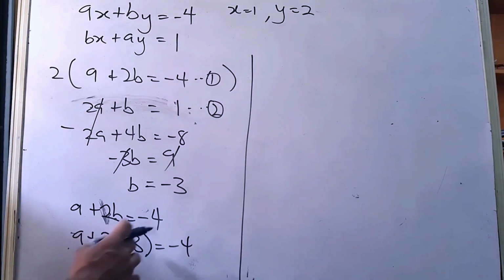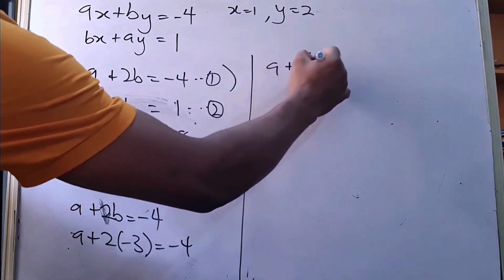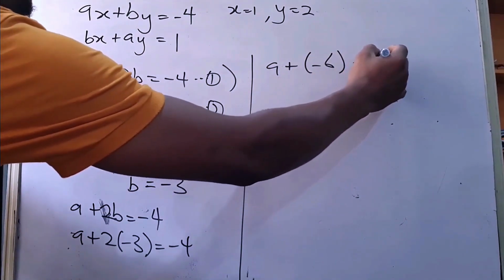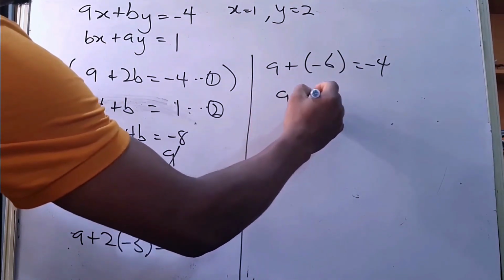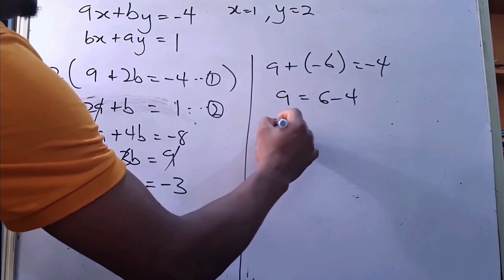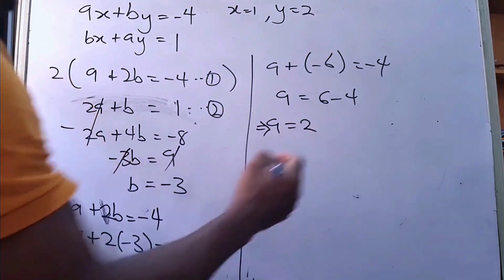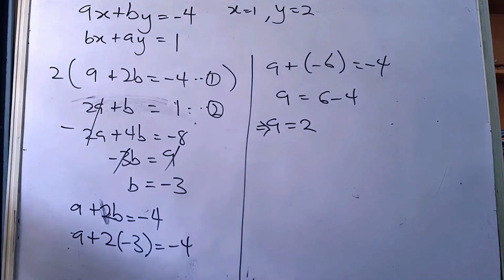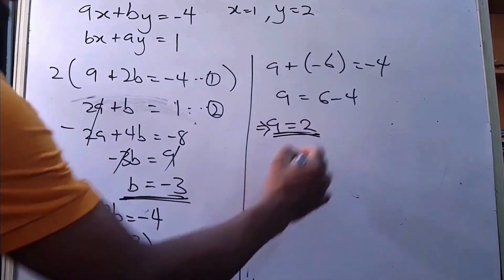It means this is a plus, this is -6 is equal to -4. So moving -6 to the other side, you have a is equal to 6 minus 4, which implies that a is equal to 2. So our solution is that b is equal to -3 and a is equal to 2.